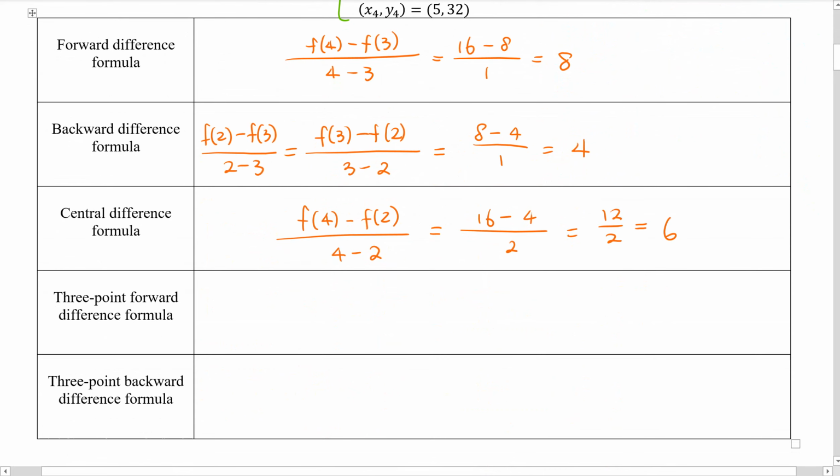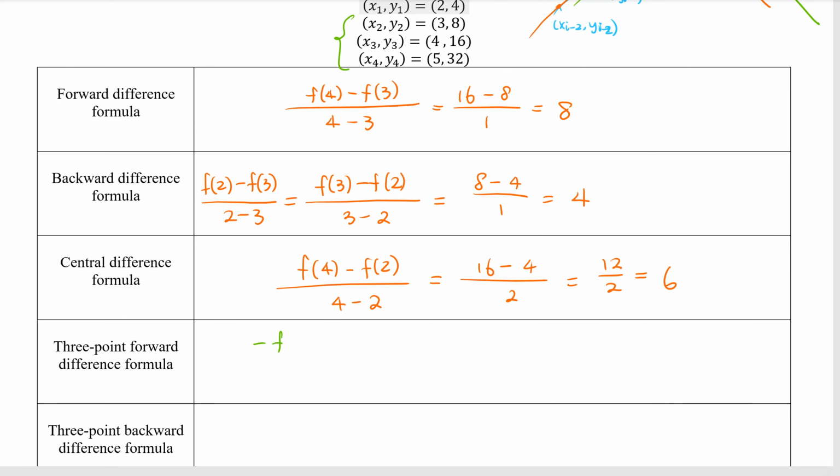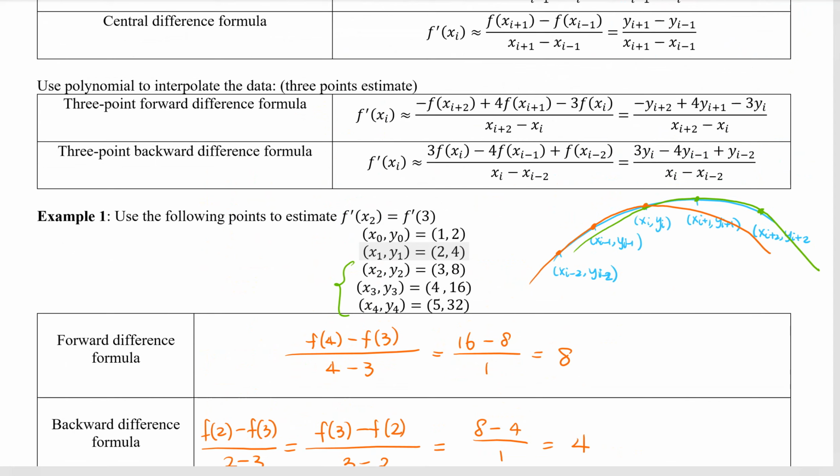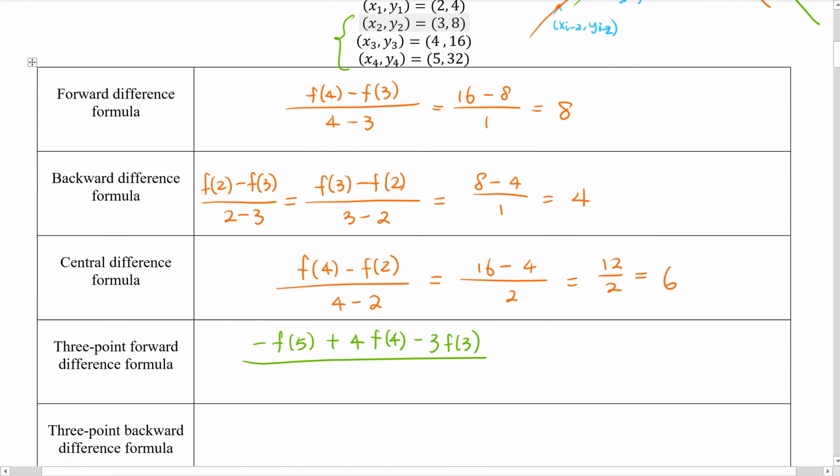So this is minus f of x_4, which is 5, plus 4 f of 4, and then minus 3 f of 3. We just plug into the formula, and then over x_{i+2} minus x_i. So that is x_4 minus x_2, that's 5 minus 3.